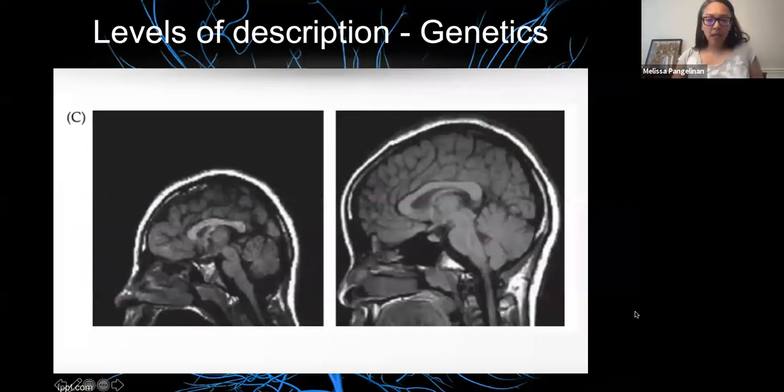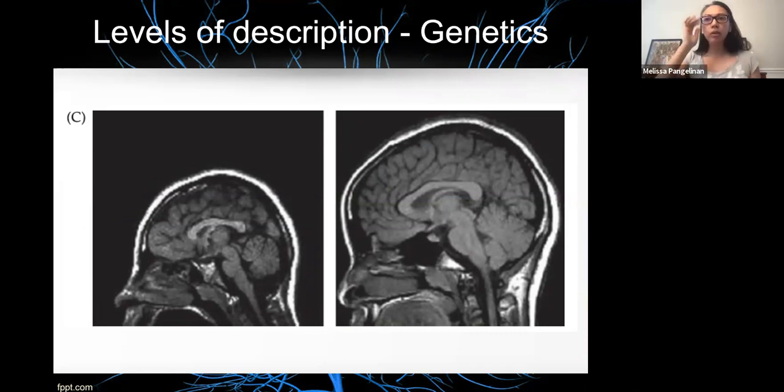Okay, so we will talk a little bit about different types of genes and how they often work together to help develop the structure and function of the brain. Oftentimes, we're going to see examples of disorders in which a lot of genes contribute to the outcome phenotype.